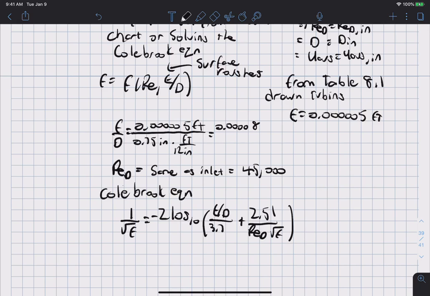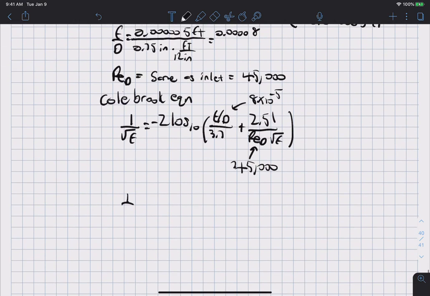Okay, and we found the relative roughness, that's 8 times 10 to the minus 5, and we know that Re_D is 45,000. So we stick in the numbers, and we get that 1 over the square root of f equals minus 2 log base 10 of 2.162 times 10 to the minus 5 plus 5.578 times 10 to the minus 5 divided by square root of f.